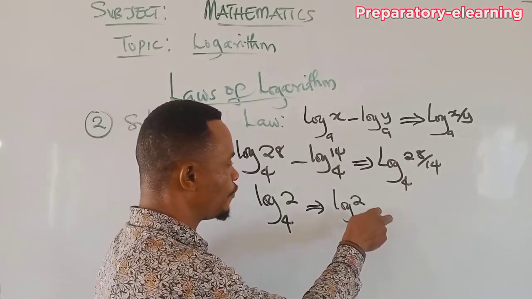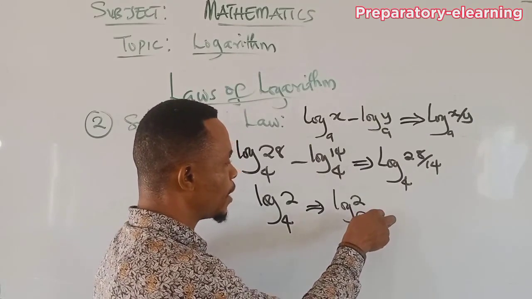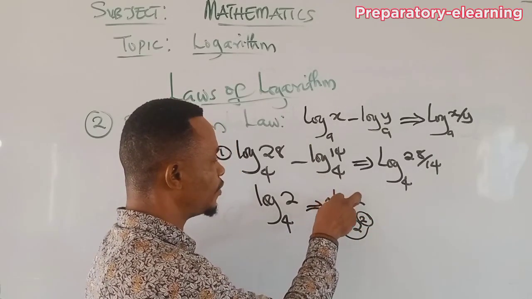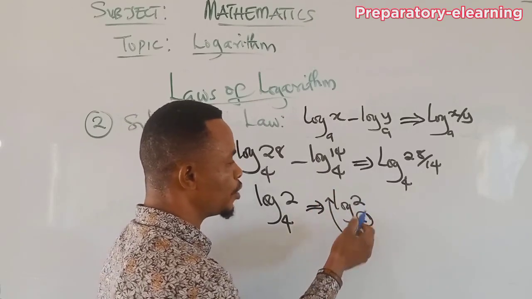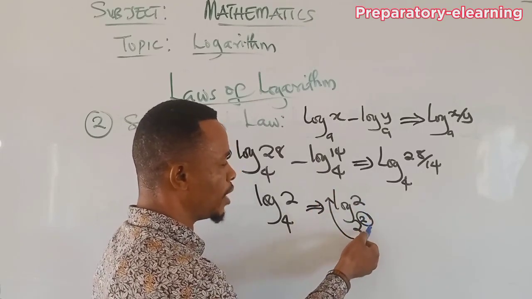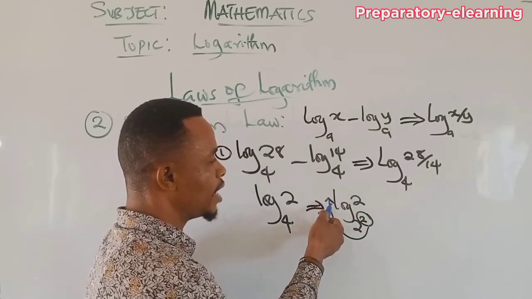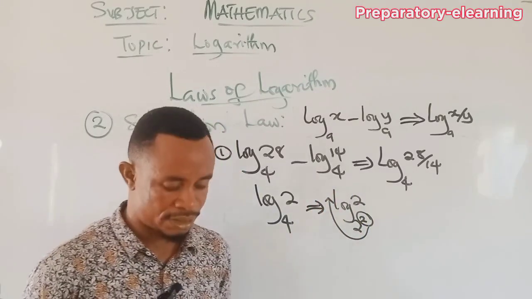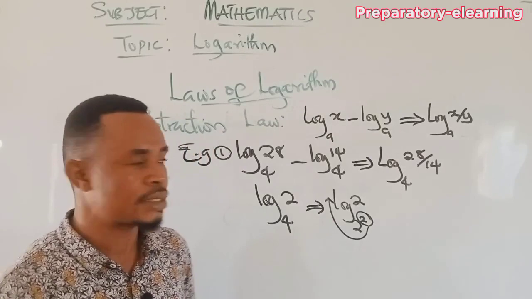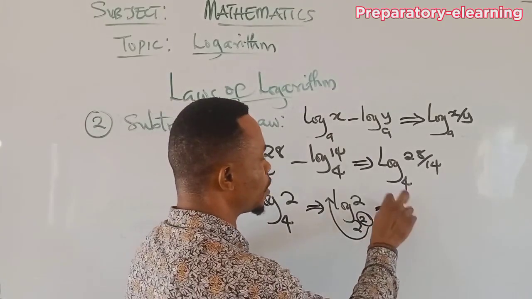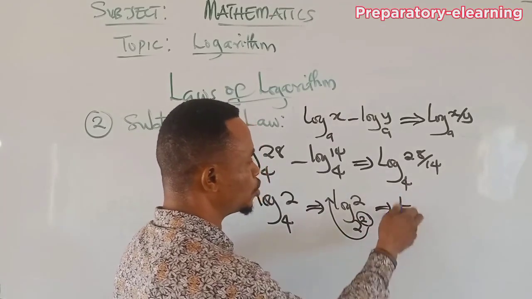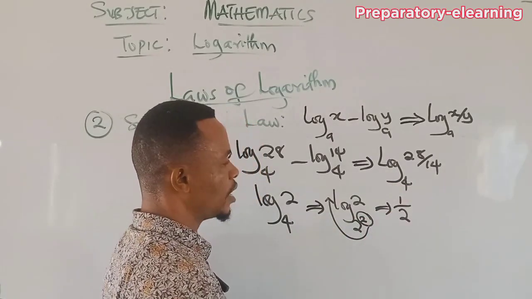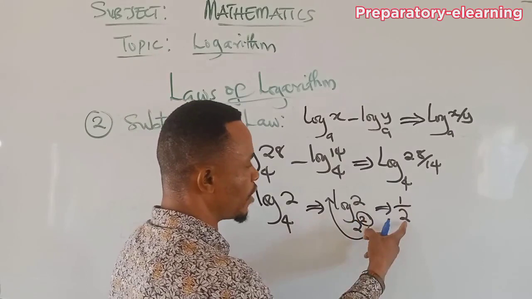You move the power on the base behind the log. But in this case, any value you have here as a power on the base coming behind here will come as inverse. That means these two coming here will become 1 over 2. 1 over is inverse. If it was 3, you have 1 over 3.